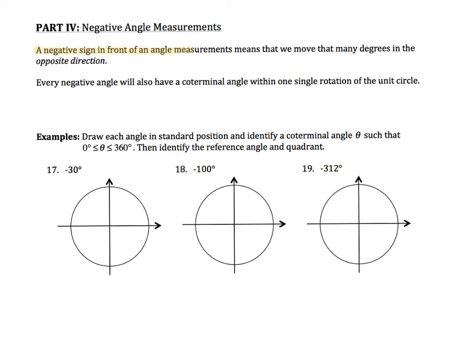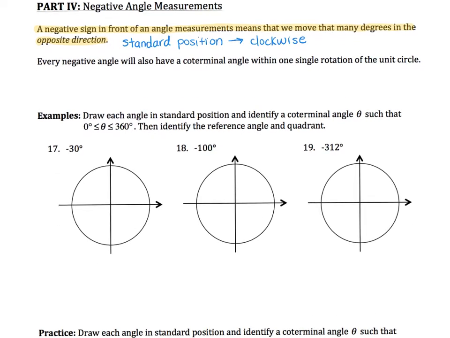So up here, it just tells us we move in the opposite direction, and all that's going to mean is that we start in standard position and move clockwise. It's really not too bad, in my opinion.